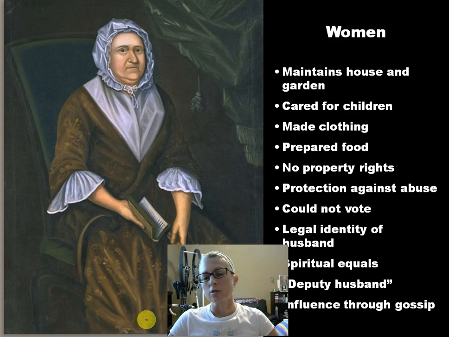They couldn't vote. Probably the one that catches, I think, a lot of girls today the most is that women didn't have their own legal identity. That basically their legal identity was that of their husband. They had no say-so in anything whatsoever when it came to political things. Everything had to be cleared through the husband.